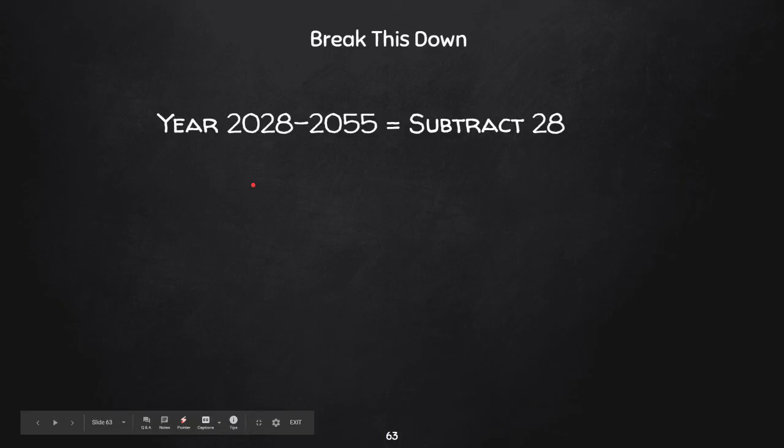Whenever you get a year in the range from 2028 to 2055, all you have to do is subtract 28 from that year, and you will get the respective year in the range from 2000 to 2027.